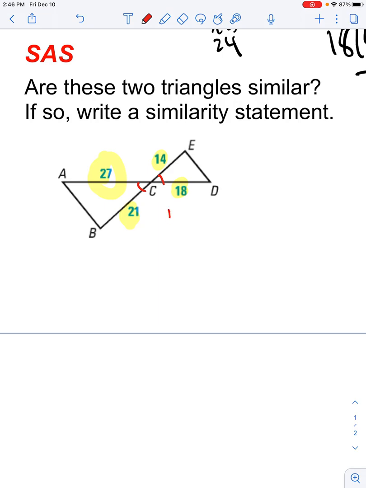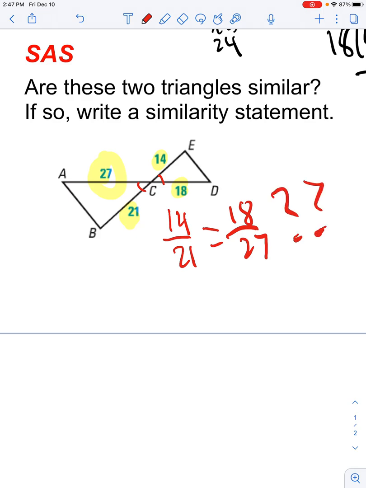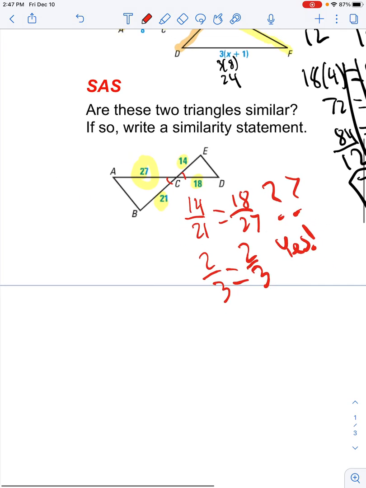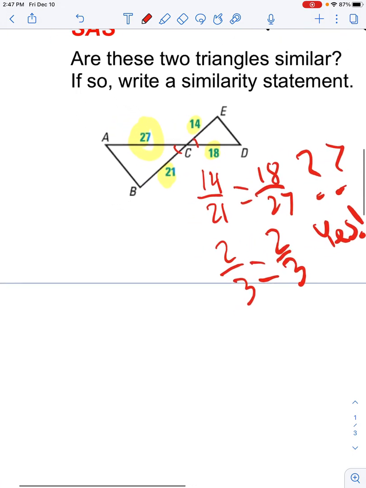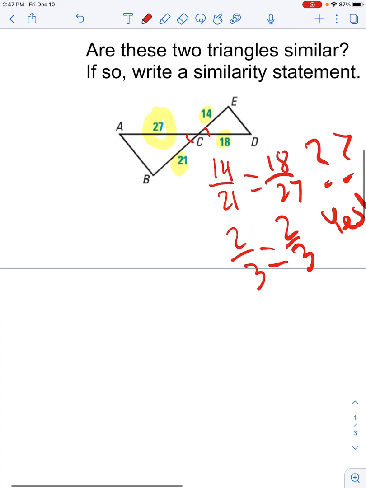So I'm going to set it up as 14 over 21 equals 18 over 27. My question is, is this the same? If I divide the left side by 7, I get 2/3. If I divide the right side by 9, I get 2/3. So yes, our sides are proportional. They have the same ratio, so we have a true statement.